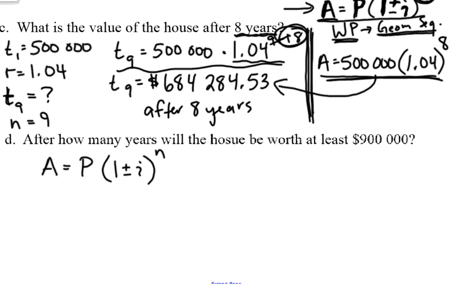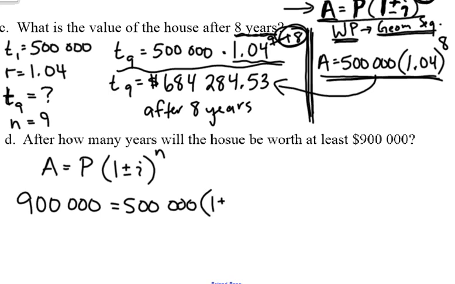Well, now we know we want at least $900,000. So our accrued amount is 900,000. We know we have our starting amount of 500,000. We know we have 1 plus or minus the interest, which is 1.04, but we don't know what the N is in this case. So how do we figure out that?